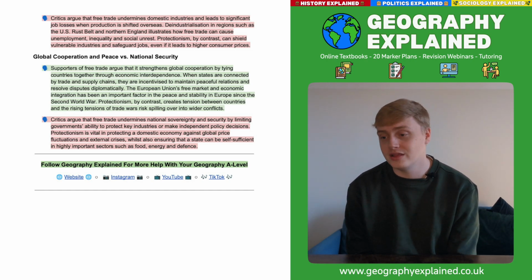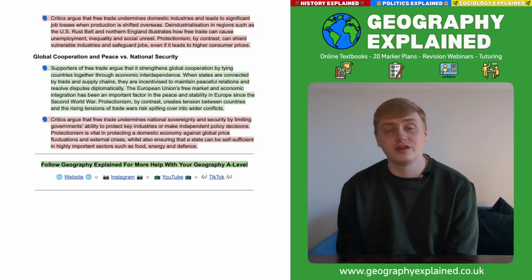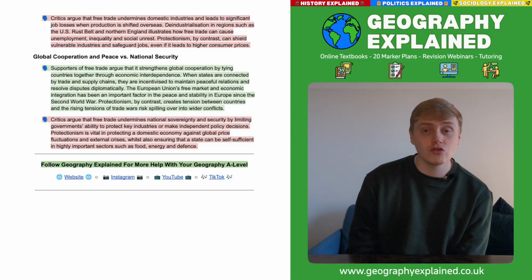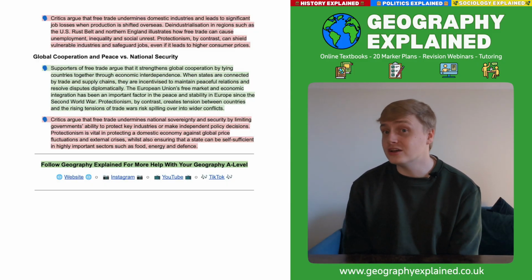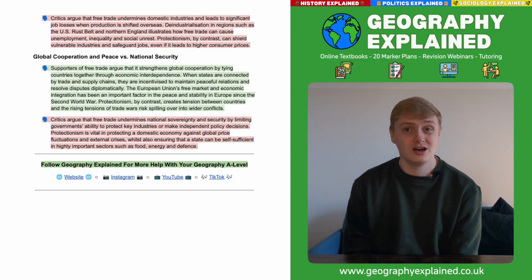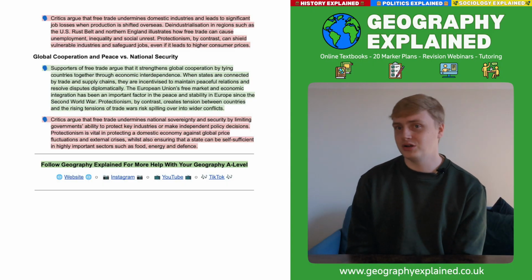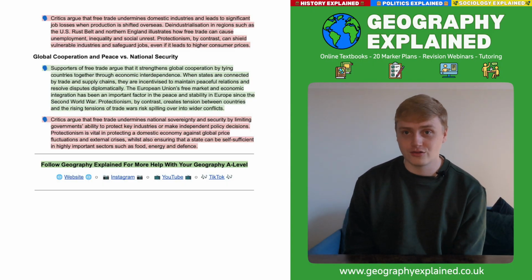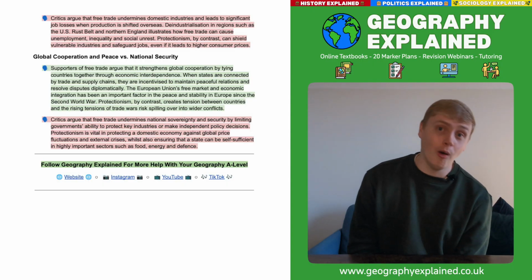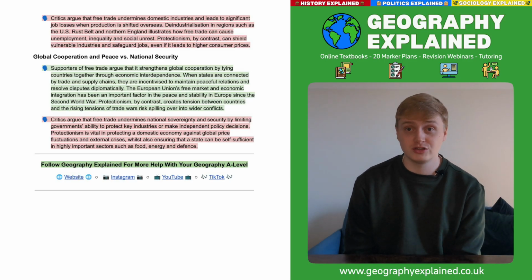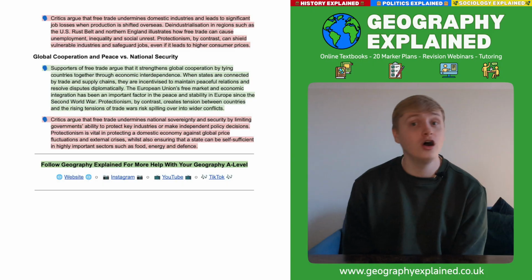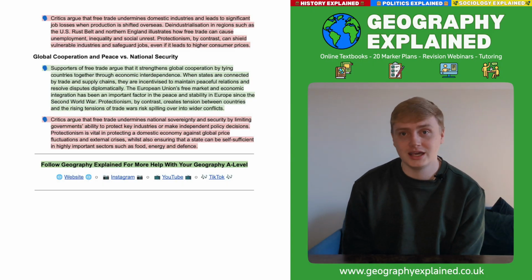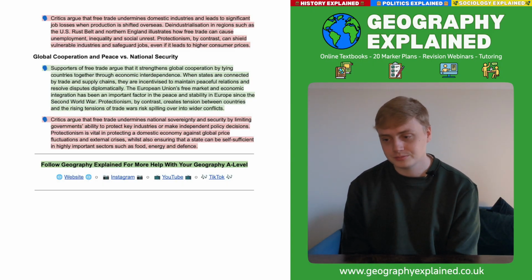You could see that, for example, in the Rust Belt in the United States or Northern England, where they used to have really strong manufacturing industries, but they're now much weaker due to free trade, because a lot of companies realised they can move their production to other countries but still sell back into the UK. They can reduce their production costs because they only have to pay a worker in China, for example, a third of the cost of what they'd pay a worker in the United Kingdom or the United States.